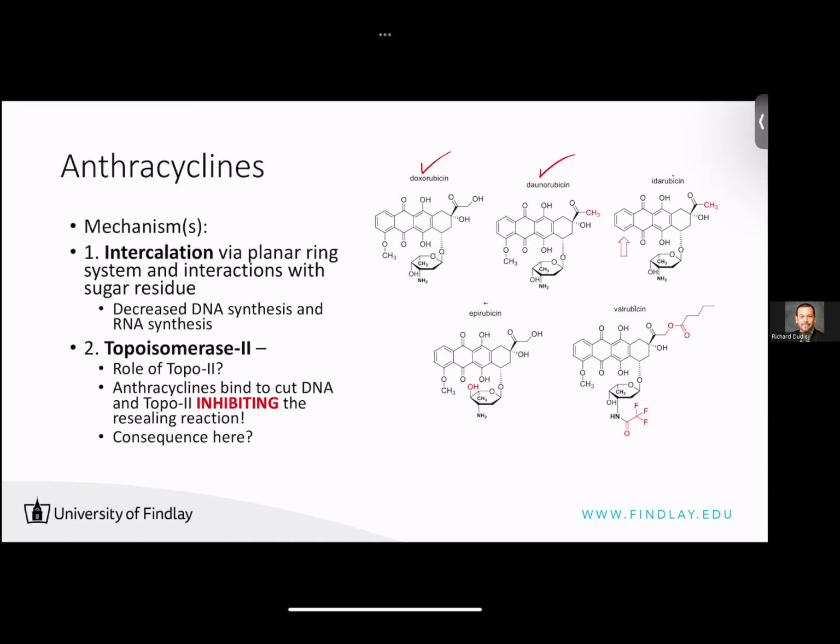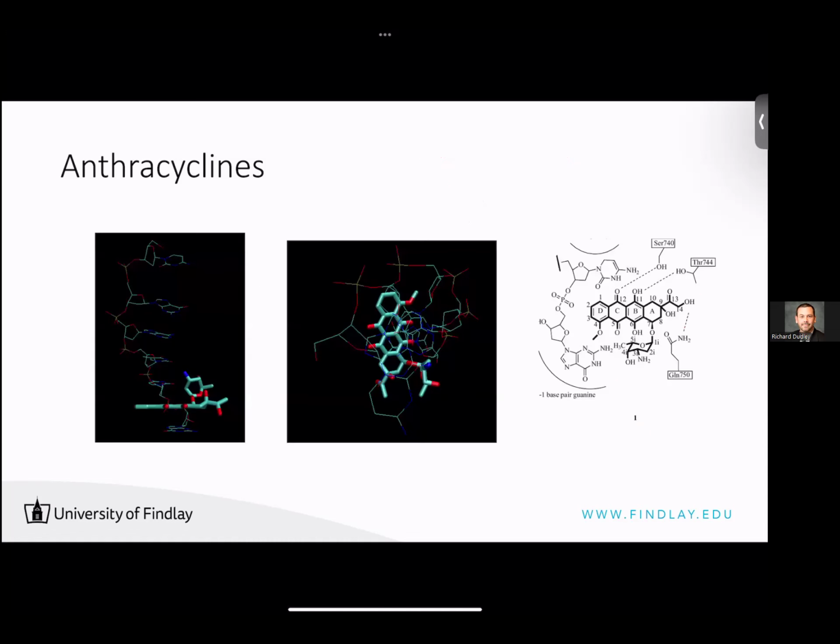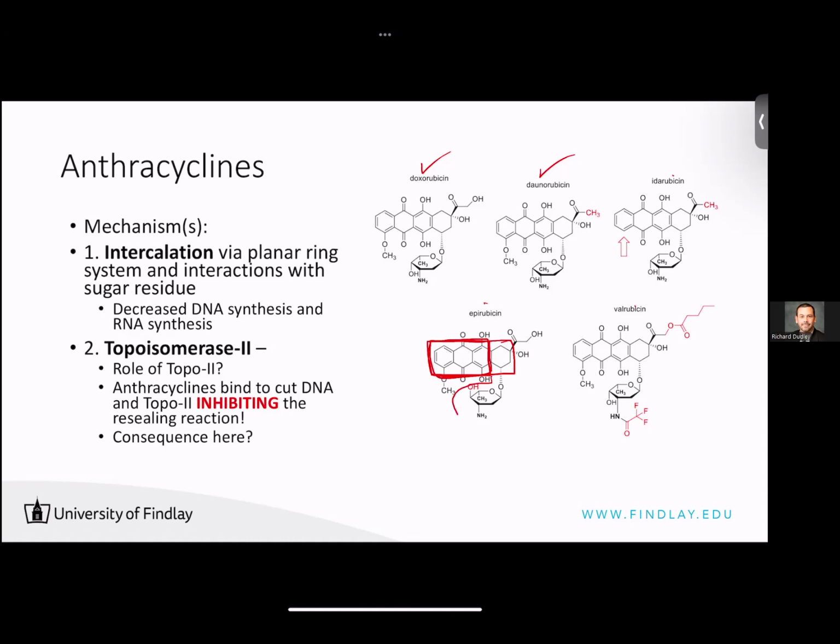And as you survey those structures, you'll see that they all have this tetracyclic system, 1, 2, 3, 4. And the latter three rings in particular contribute to the planarity or the flatness of the molecule, allowing it to intercalate the DNA. And then they all have this daunosamine sugar residue that's attached to this A ring that we'll describe in a minute.